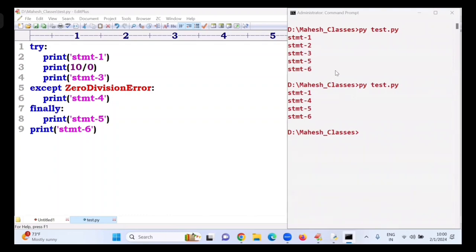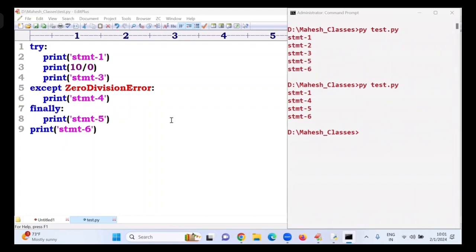Swapnil asks: if we can import os and use it in the try block, then why do we need to write a finally block? If the program is terminated after the os function is used, then don't use the exit function. Why are you using the exit function? I'm telling some situations, some conditions, where I want to terminate the Python virtual machine. In upcoming classes, where exactly we use that exit command, I will explain.